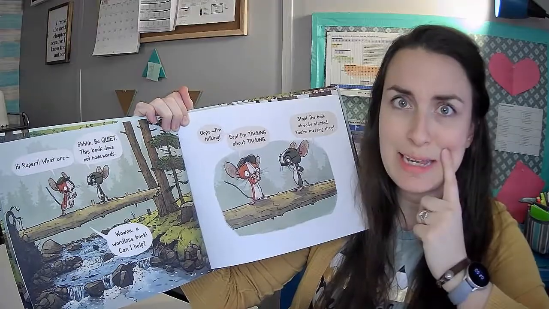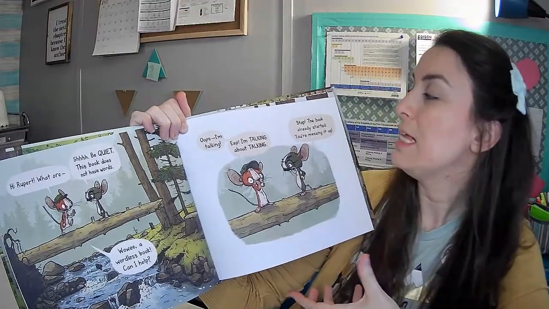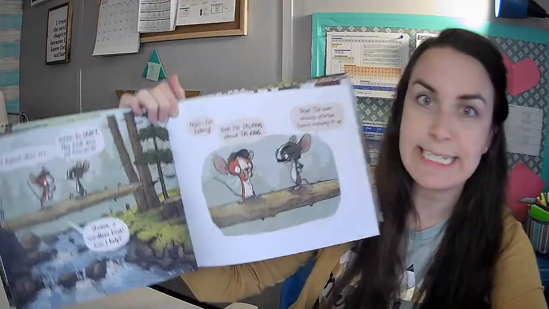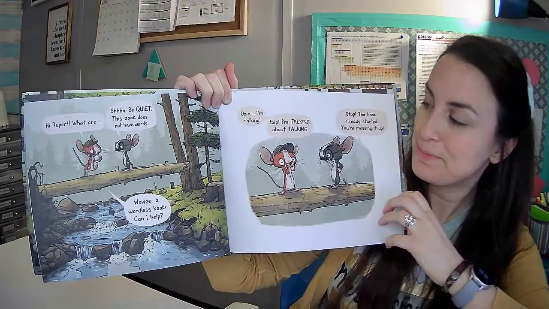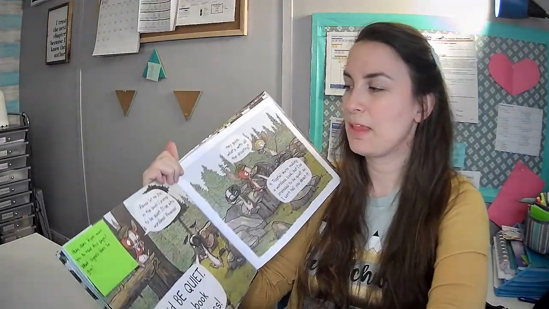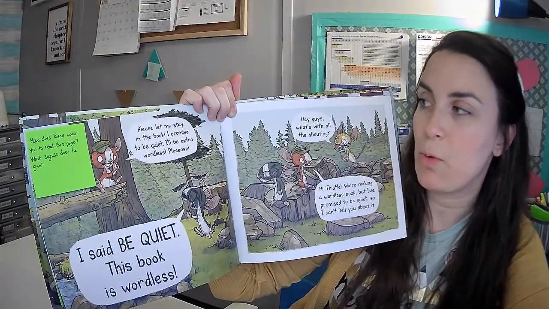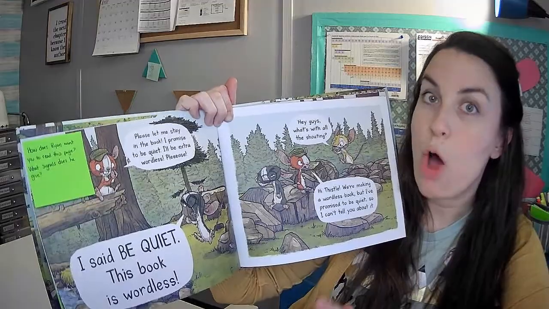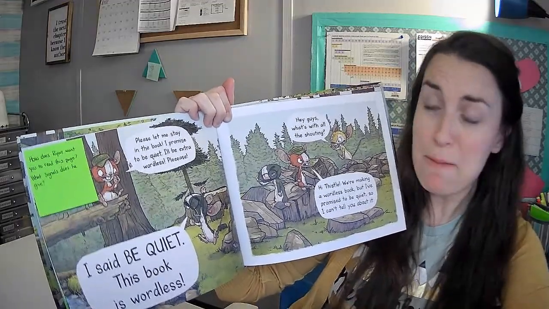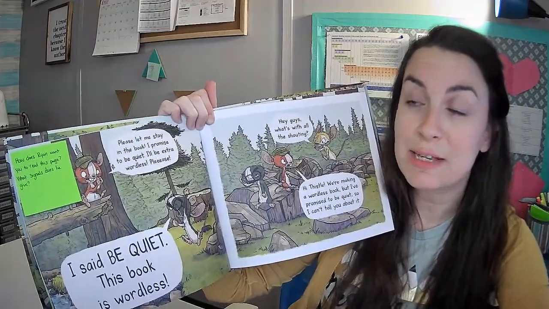Oops. I'm talking. Eep! I'm talking about talking! Stop! The book already started. You're messing it up. Please let me stay in the book. I promise to be quiet. I'll be extra wordless. Please. I said be quiet. This book is wordless.